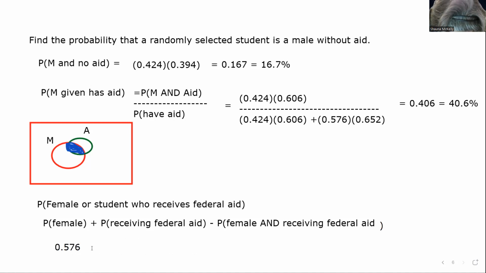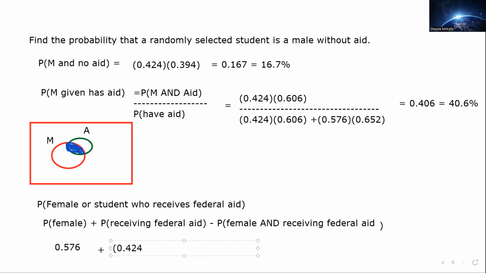This is going to be, let's do the males. The males who receive federal aid are going to be 0.424, all right?